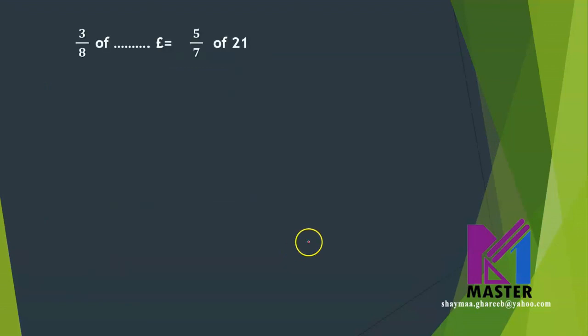Look at this example here. 3/8 of an amount of pounds equals 5/7 of 21. We'll follow the same steps as before. I will try to find the value of this side here. How to get a fraction of an amount? We said we divide the total amount by the denominator.